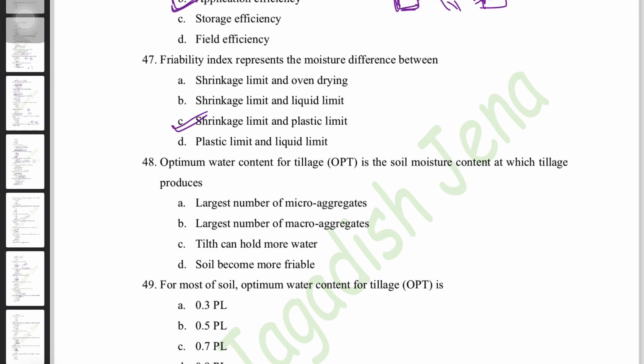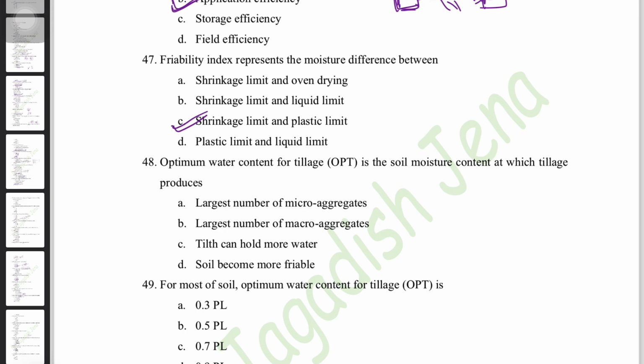When you are trying to make the soil a mud ball and it is no more adhering, the soil particles no more adhere to each other, you cannot form a ball and it is breaking down continuously, then that is called shrinkage limit. Plastic limit means when you can press that and you can make that ball.